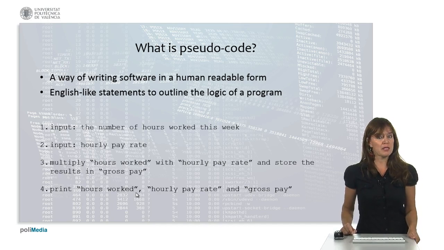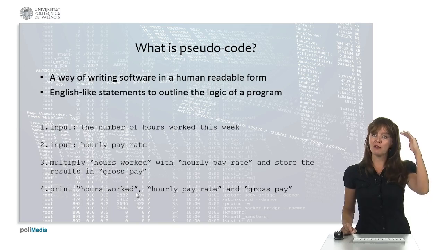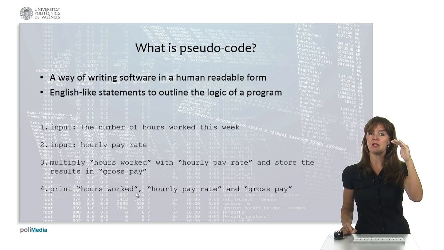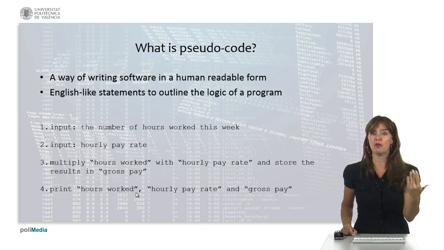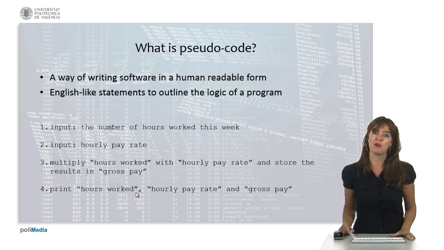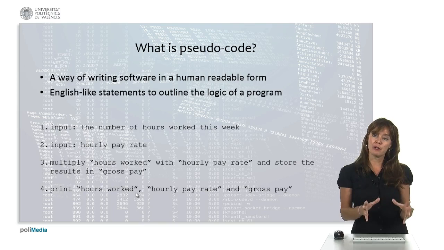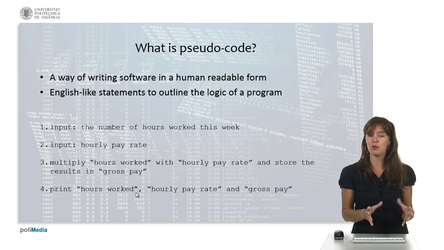And then we want to print hours worked, hourly pay rate, and gross pay. So this is a way to write in 4 statements how we want the logic of our program to evolve. And this is pseudocode because it is not adhering to the strict syntax rules of a programming language.